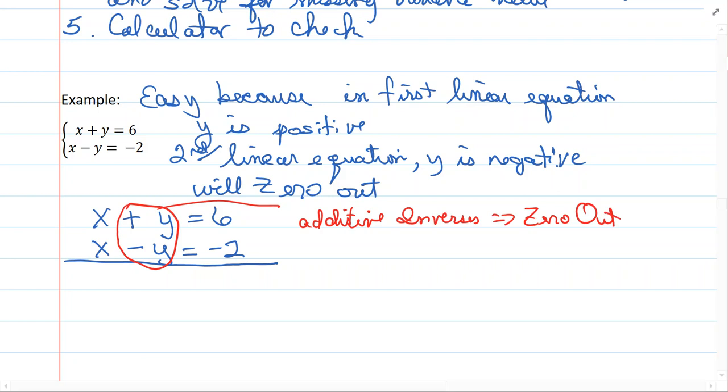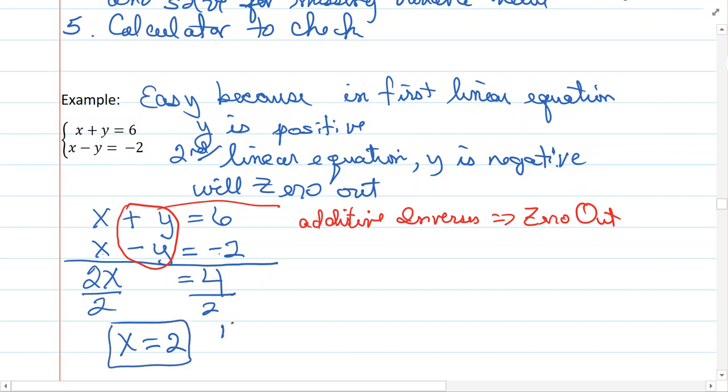So I'm going to have x plus x is 2x equal to 6 minus 2 is 4. I'm going to divide by 2, then x is 2. This is one solution.